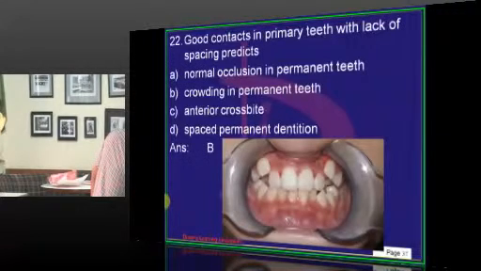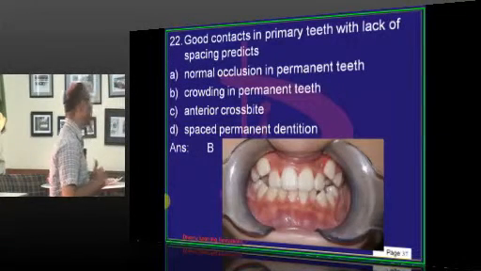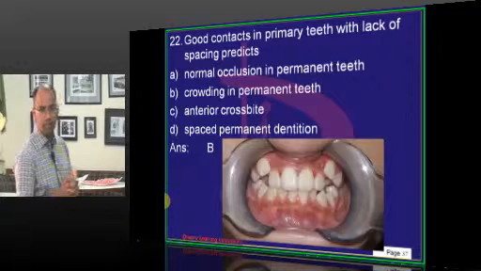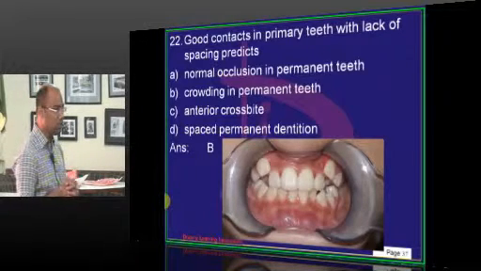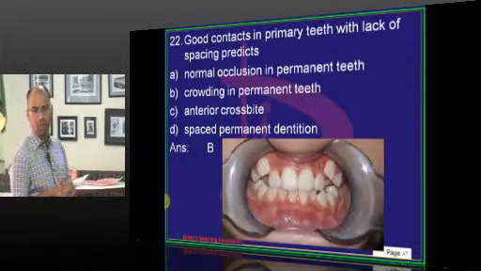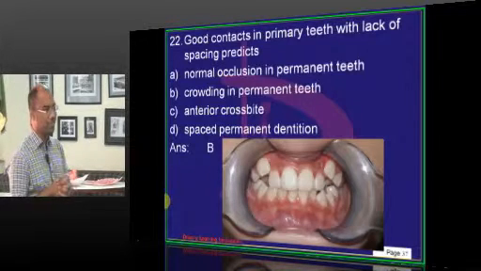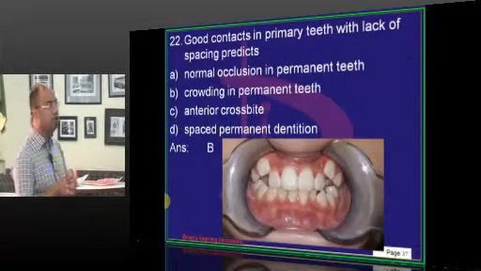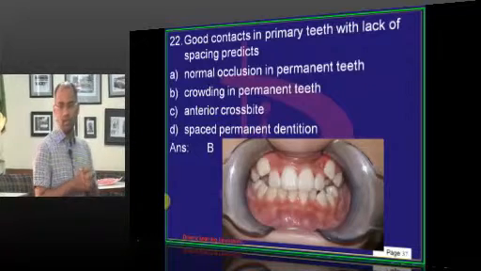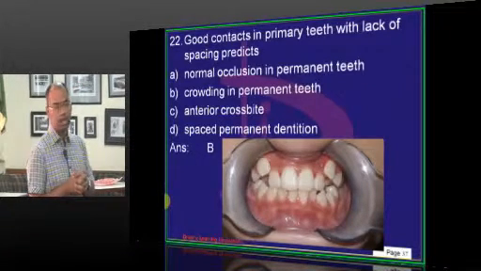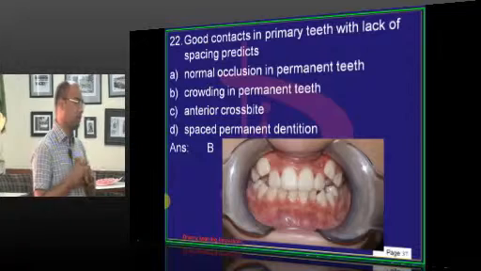Good contacts in primary teeth with lack of spacing. In the primary dentition, if there are good proximal contacts with no spacing, what does that indicate? Definitely this candidate, either he or she, will be a candidate for crowding in the permanent dentition.